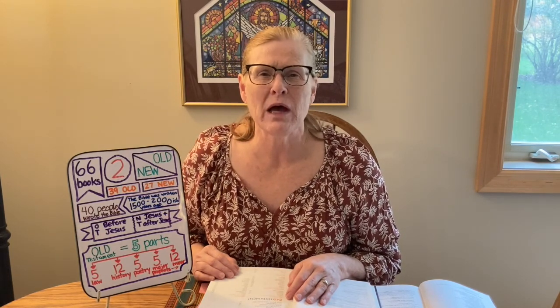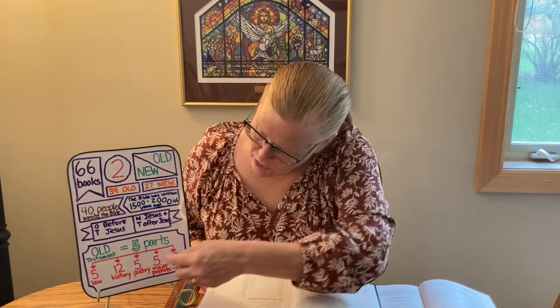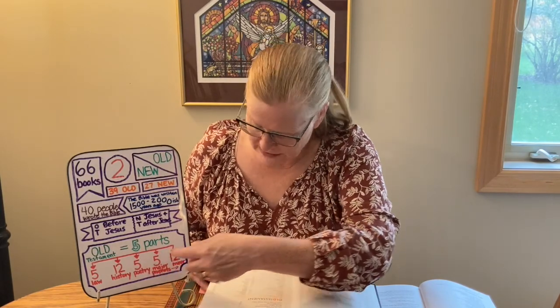That was written by King David, most of it, and they are all songs about praising God. Where does my help come from? The Lord is my light. Sing a new song to the Lord. Those are all things that are written in the Psalms. So that's another set of 5 poetry books.